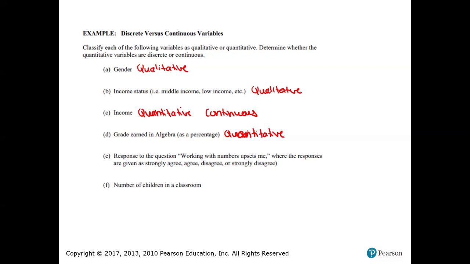Well, your grade is a calculated value, so it is continuous. All right, responses to the question, working with numbers upsets me. You can give an answer, strongly agree, agree, disagree, or strongly disagree. So you're giving a word response, which is qualitative.